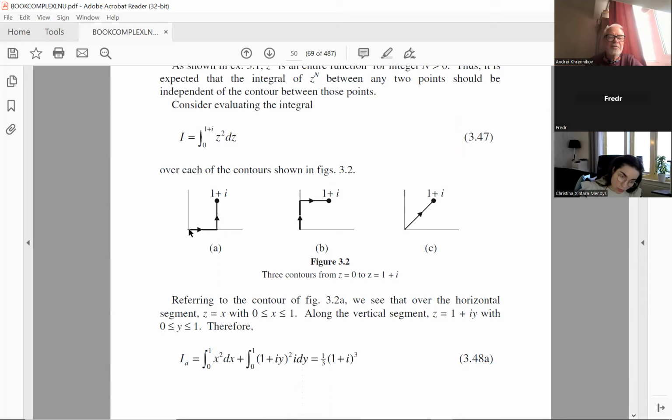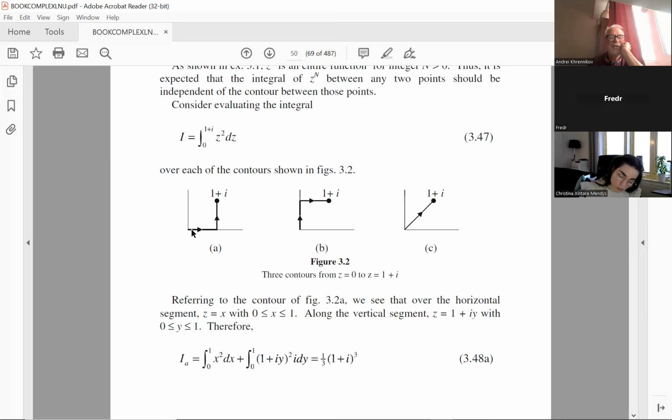So now we consider three contours. We go from 0 to 1, and then we go up to the point 1 plus i. It's good to remember that on the coordinate axes, the point 1 is here, the point i is here, the point minus i is here, the point minus 1 is here.